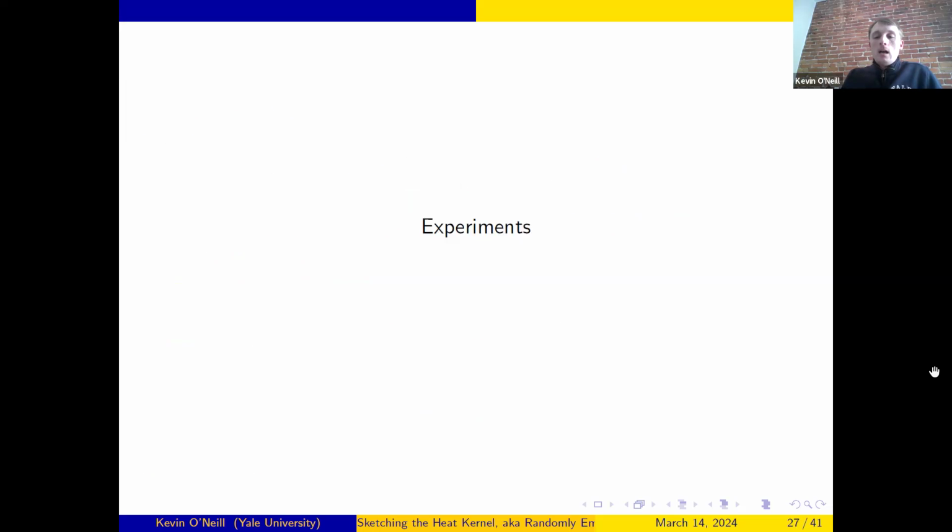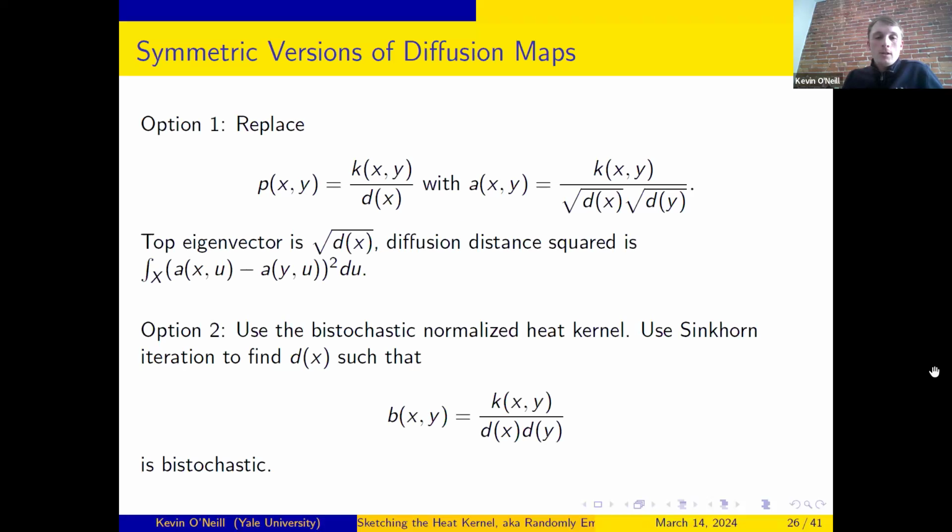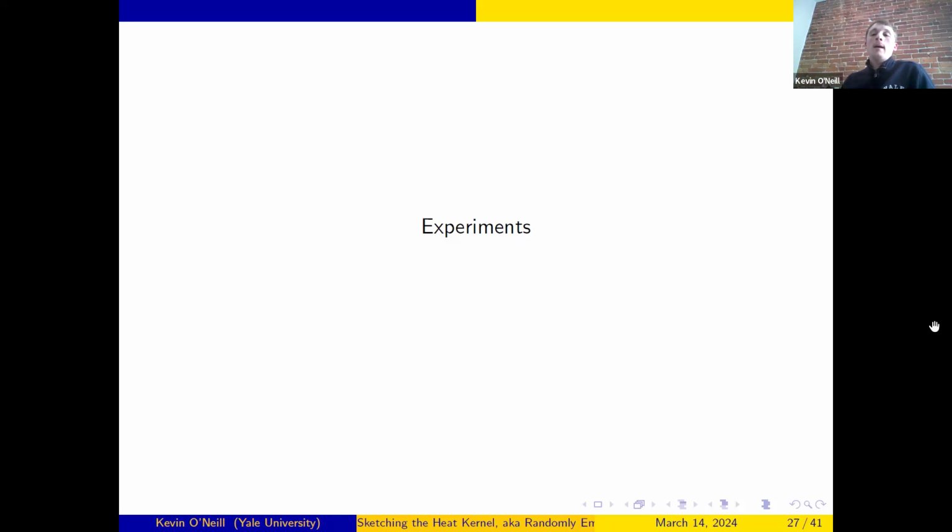Okay, so let's go on to some experiments. We want to compare the two, the Gaussian process embeddings and the diffusion maps embeddings, and what we'd like to do is come up with a fair comparison. So we're going to take these two symmetric kernels that we had on the prior slide, and we're going to use them both for diffusion maps and random embeddings simultaneously.